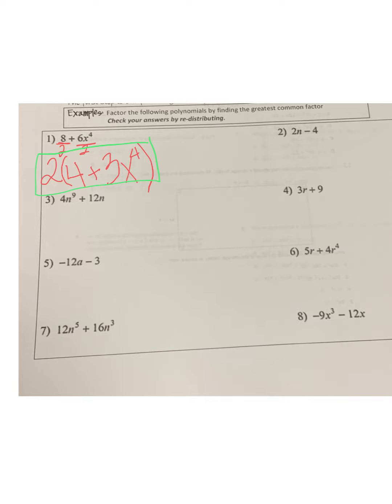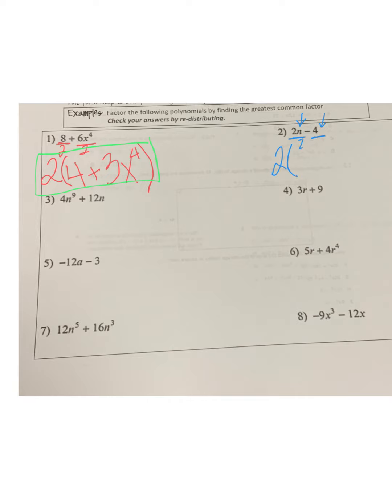We'll try another one. Look at number 2. We have 2n, and we have negative 4. What can we take out of both 2n and 4? Can we take out an n? Well, this one has an n. Does this one have an n? No, so we can't take out an n. Can we take out a 2?